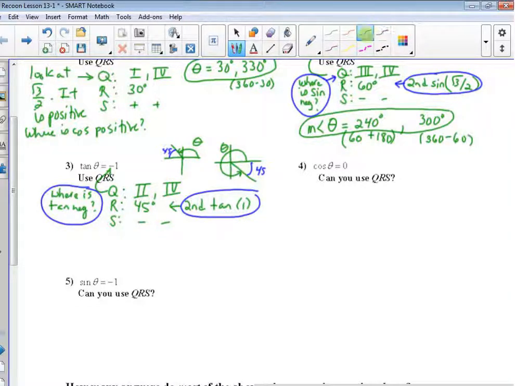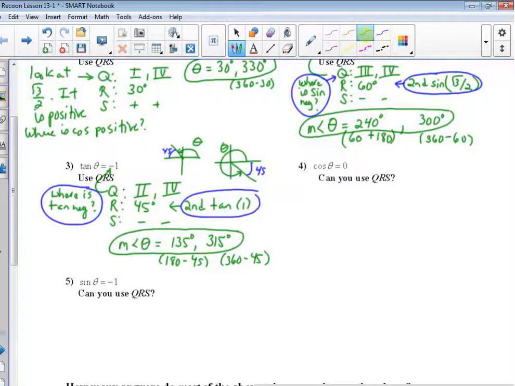So to find the answer in quadrant 2, the measure of angle theta is equal to 180 minus 45, which is 135. And in quadrant 4, I'm doing 360 minus 45, which is 315 degrees. So those are the answers for number 3.